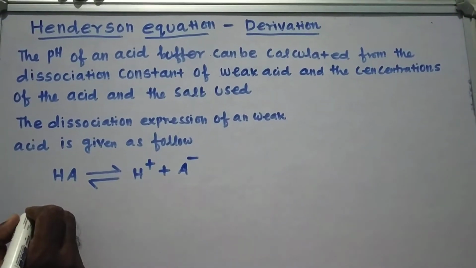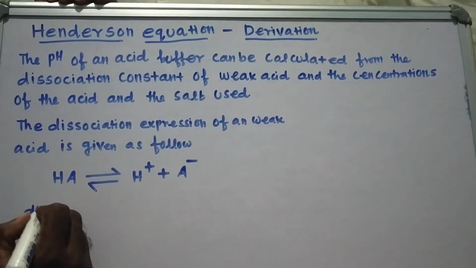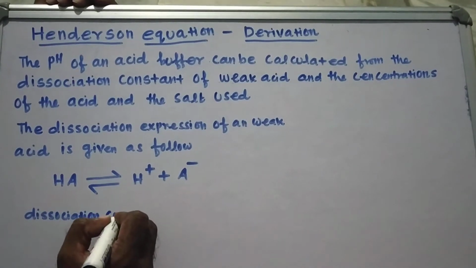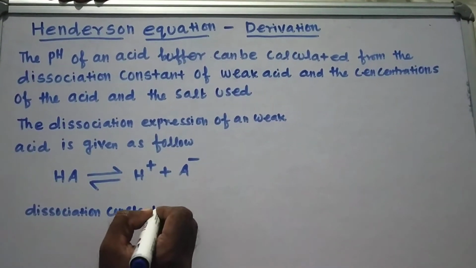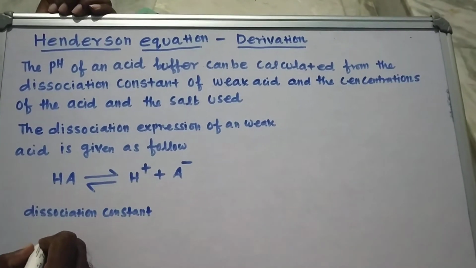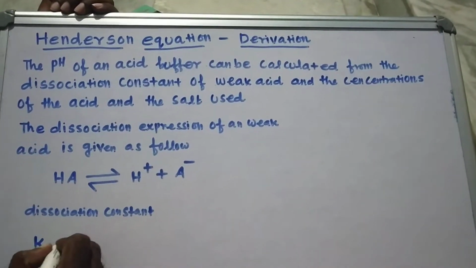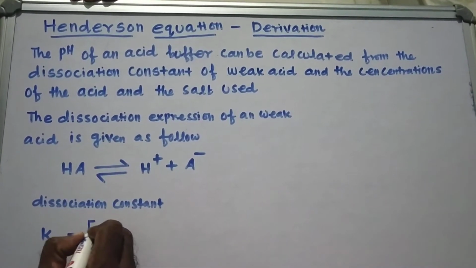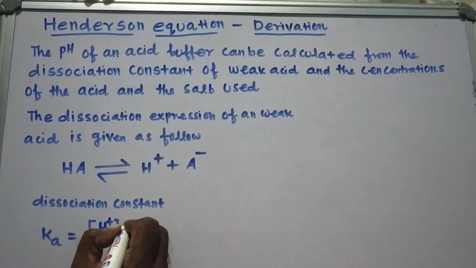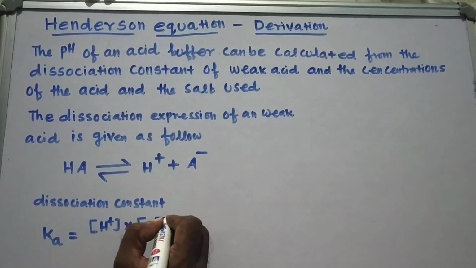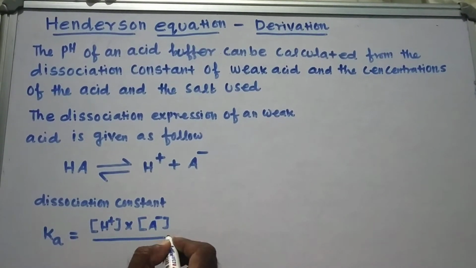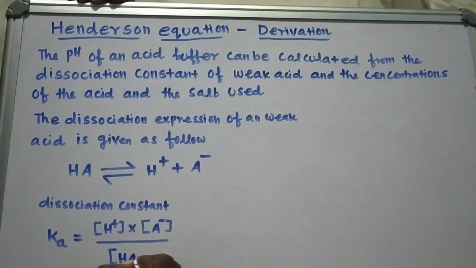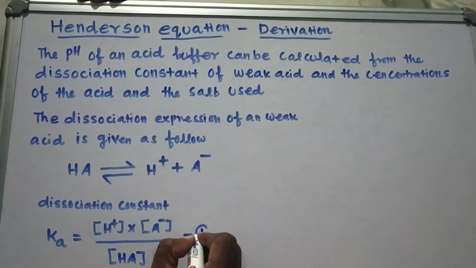Okay. Now we are going to write the dissociation constant for this ionization. Ka is equal to concentration of the H plus into concentration of the A minus divided by concentration of the HA. Okay, this is equation number 1.